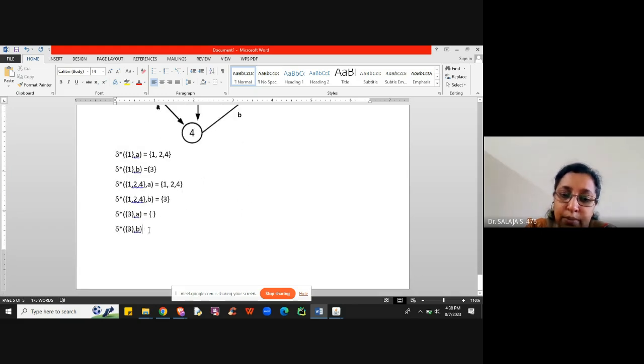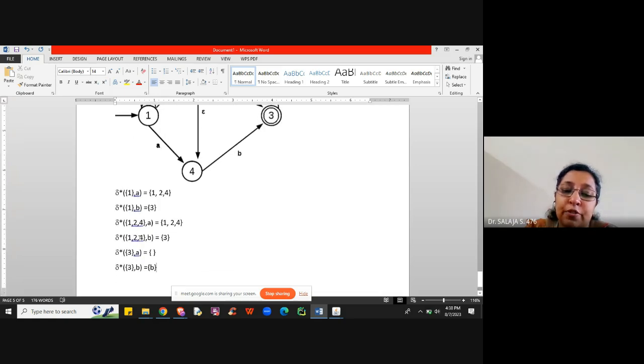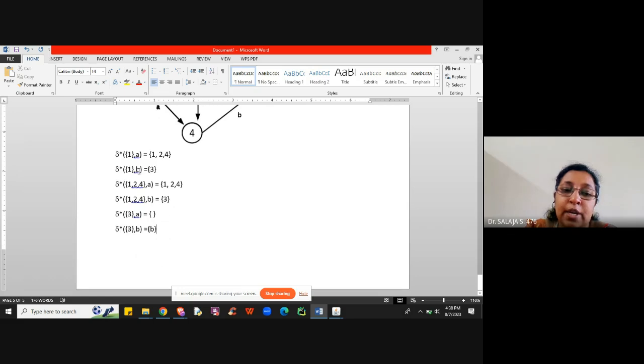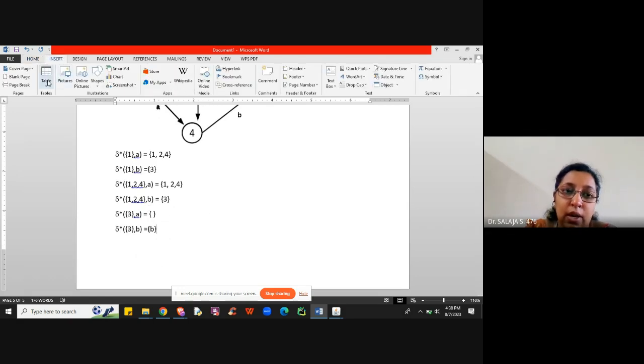So 3 on B is 3. Fine. Now, which one is the final state? State 3 will act as the final state. So how many transitions do I have? I have 3 transitions. So we'll go ahead with insertion of the table.